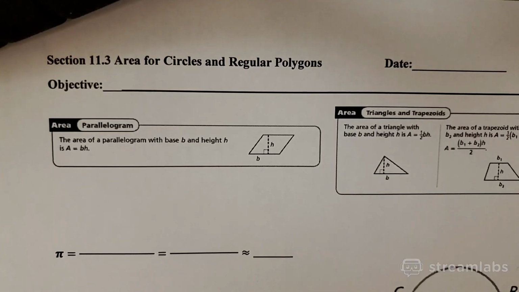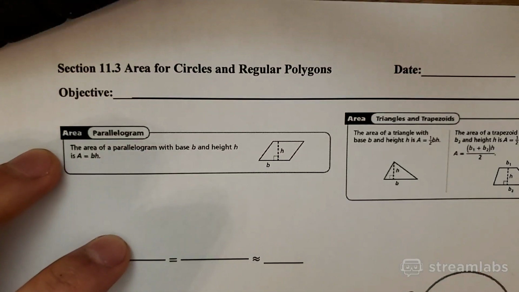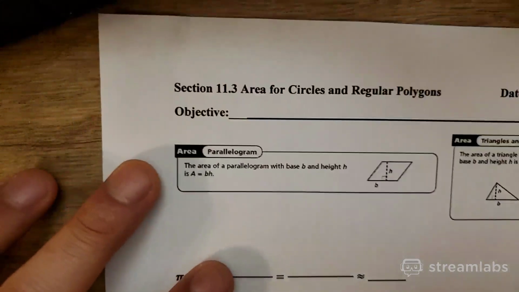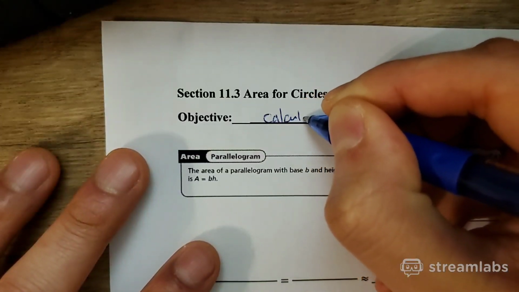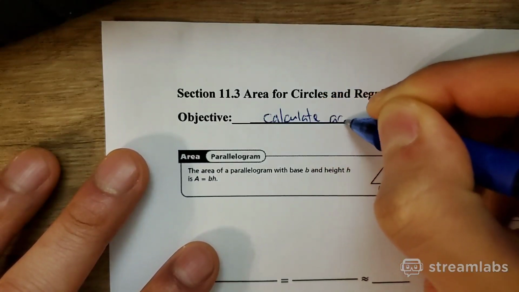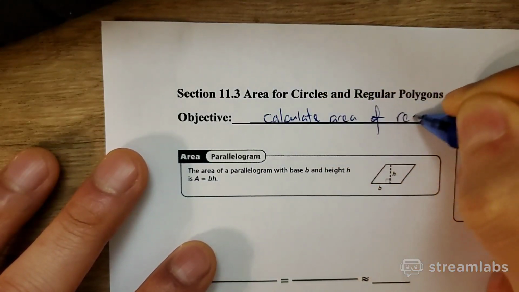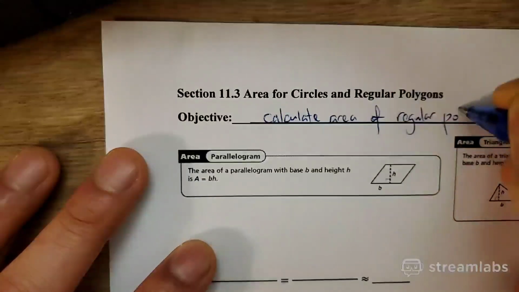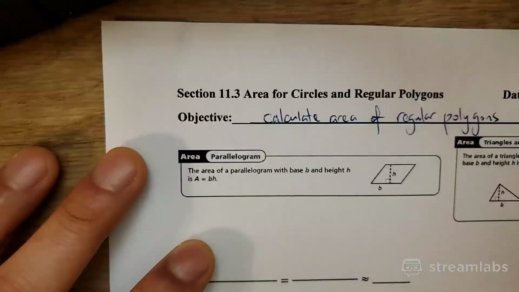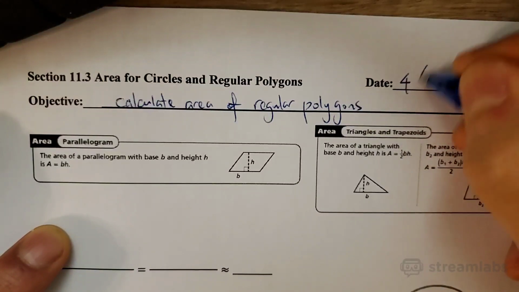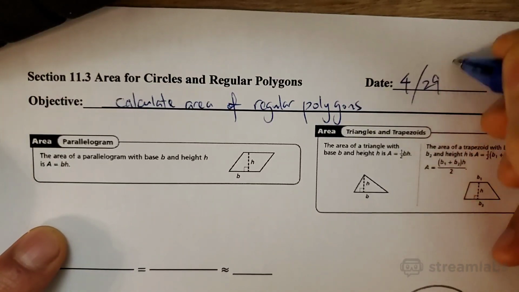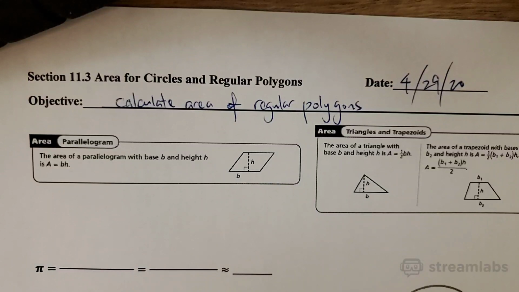All right, so today we're going to focus on, it says circles and regular polygons, but really we're just going to focus on calculating regular polygon area. I'm going to slightly mention all the other ones that we already know.